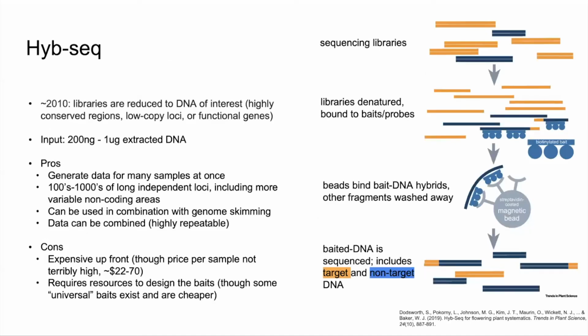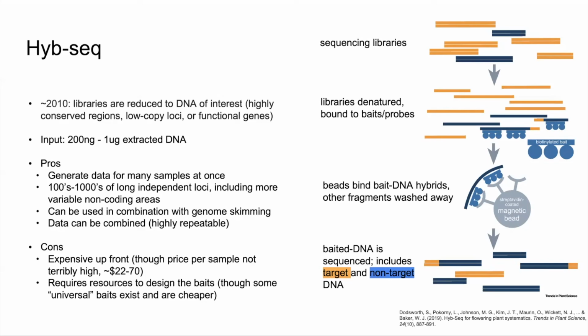I mentioned on the last slide hyb-seq. Hyb-seq was developed around 2010 and has become a standard in many plant molecular studies at present. And here, genomic DNA libraries are reduced to DNA regions of interest, such as highly conserved regions, low copy or single copy nuclear loci, or even functional genes.